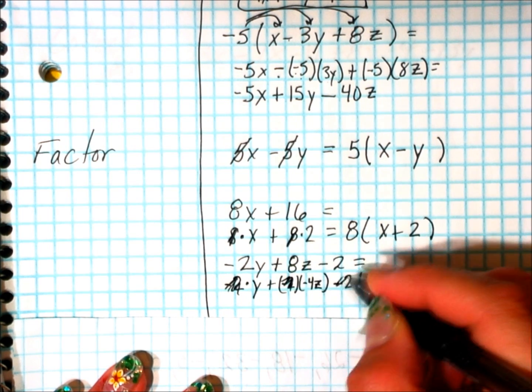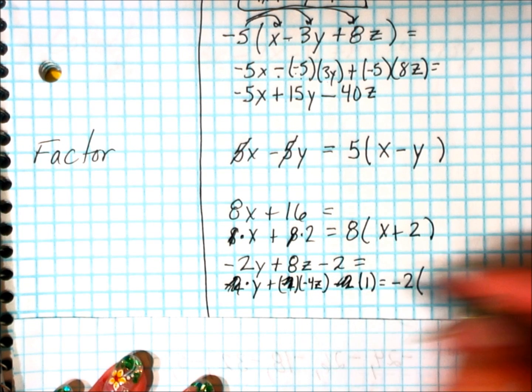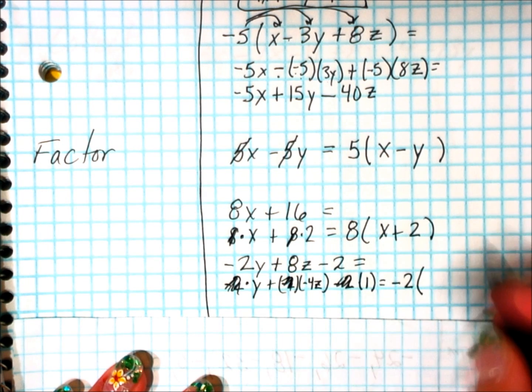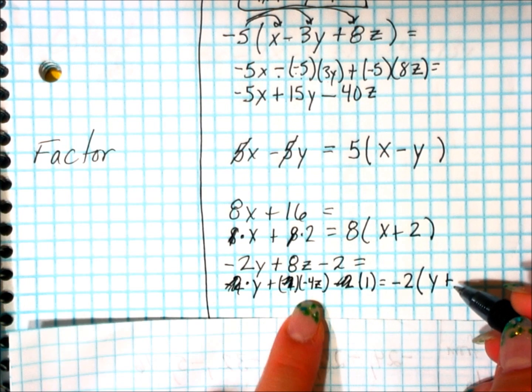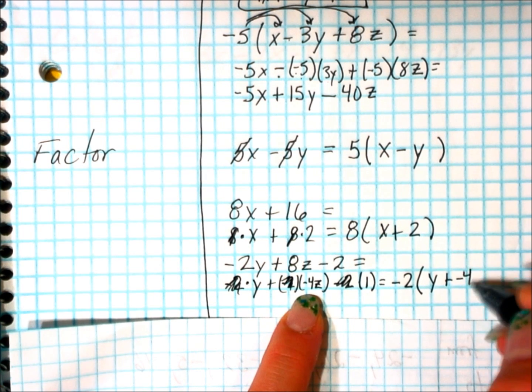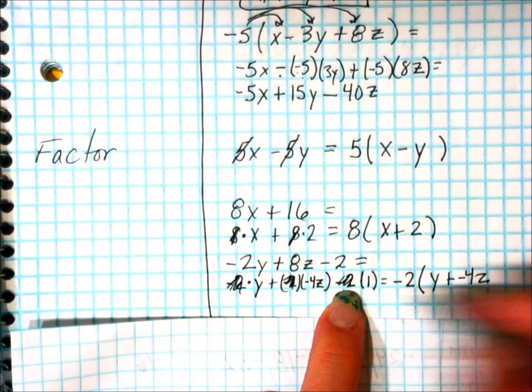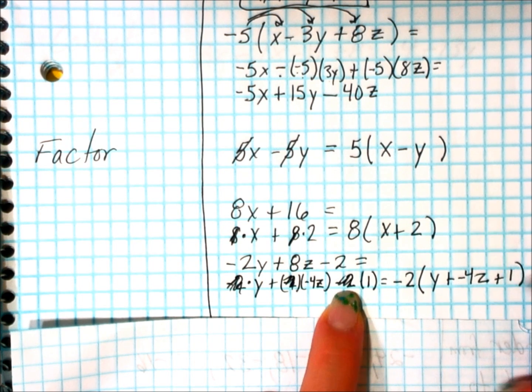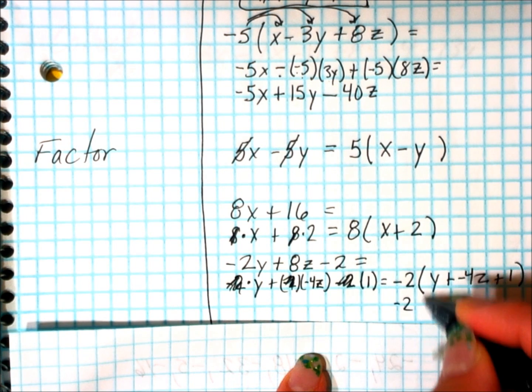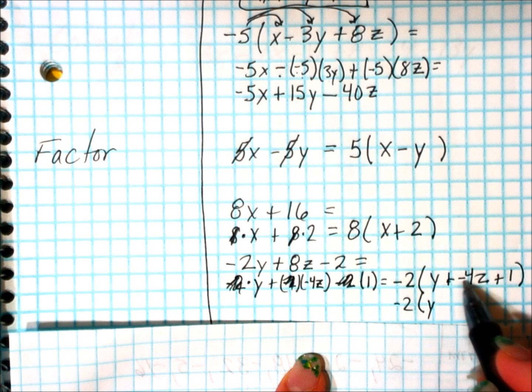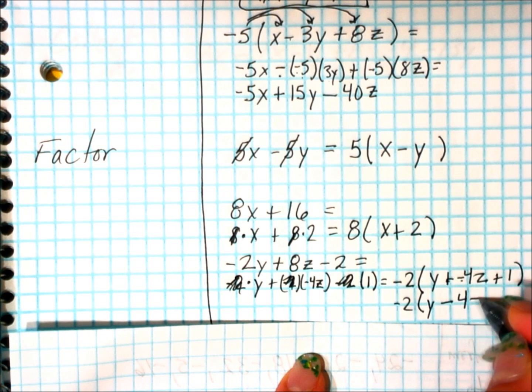There it goes, there it goes. And here's what you have. Y plus -4z, and in this case, it's plus 1. So we're looking at a positive with a negative gives me -4z, whoops, plus 1.